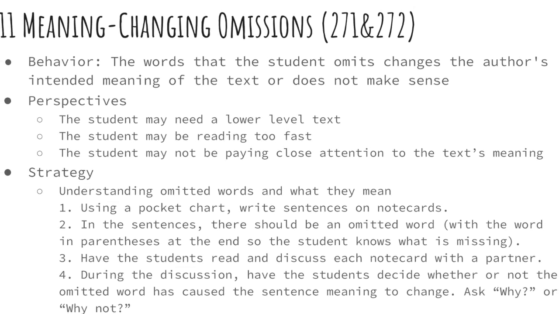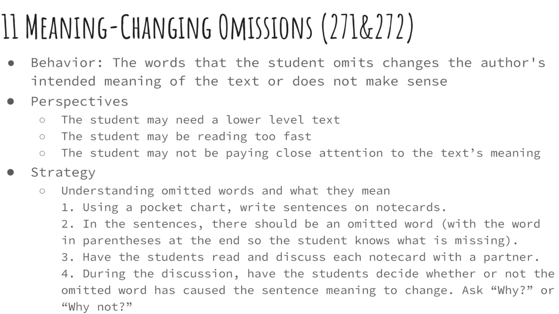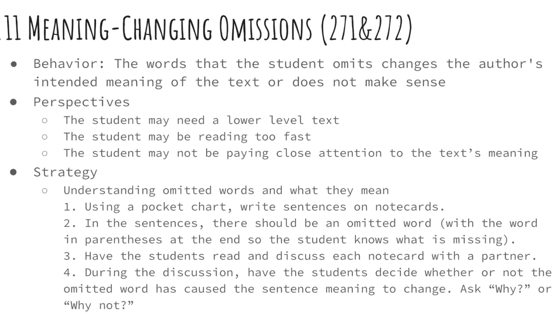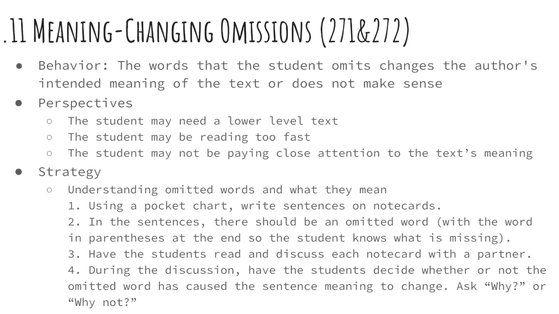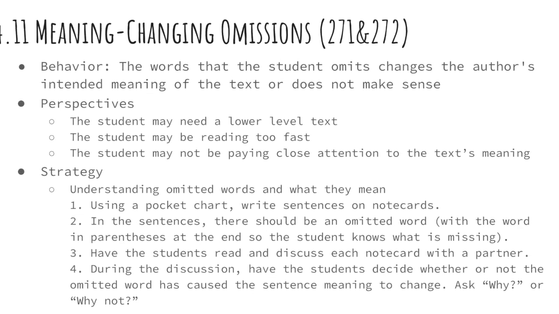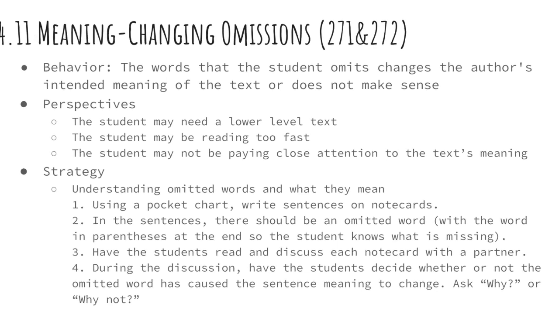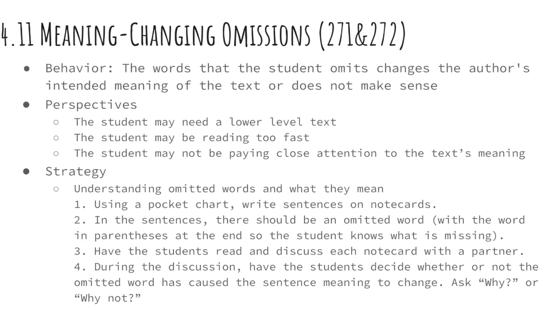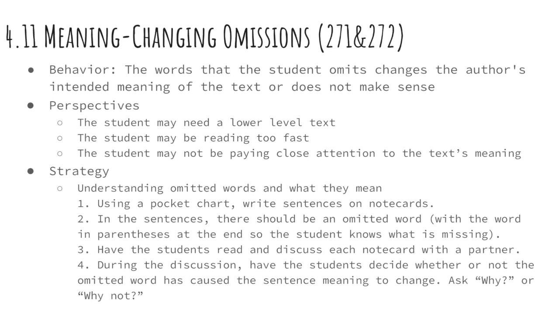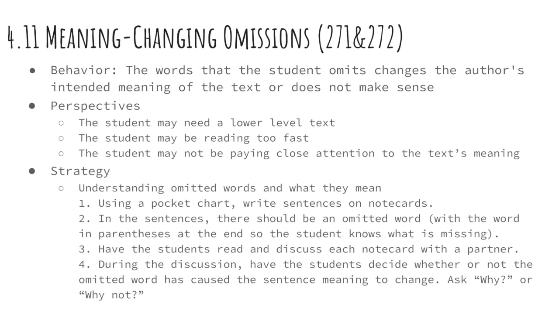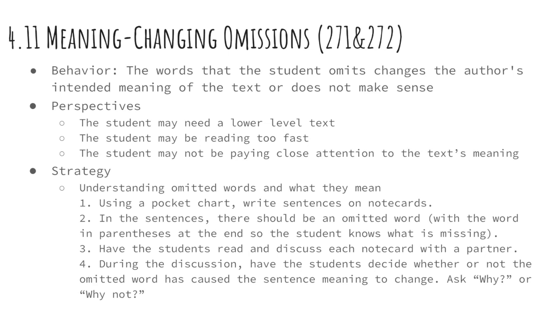Have them look at the note cards, read the sentence together, and discuss each of the sentences together. During this discussion, the students should decide whether or not the omitted word has changed the sentence meaning or makes the sentence not make sense. Ask the students why or why not the omitted word has meaning changing. This will allow students to understand omitted words and what they mean.